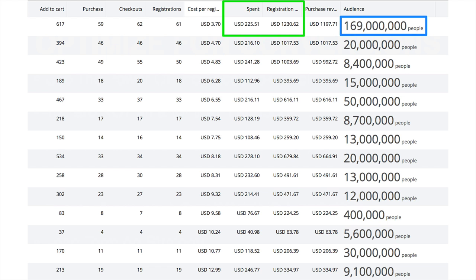This is an example of how powerful that really is. So at the very tip top, you'll see in blue, I'm targeting 169 million people in the United States of America. 169 million people in the US. That is a target group of just men and women that are 18 plus years old.